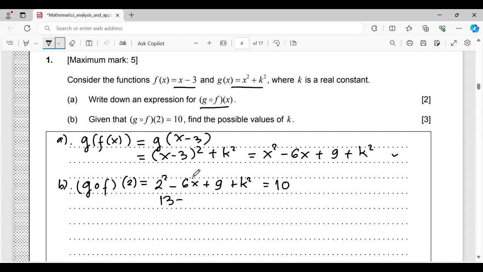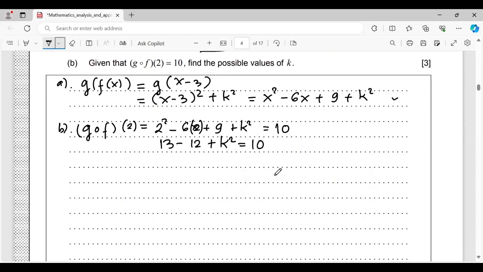Minus 6 times 2 as well, minus 12, plus k squared equals 10. 1 plus k squared equals 10. So k squared equals 9 because 10 minus 1. k equals square root of 9, plus minus 3.